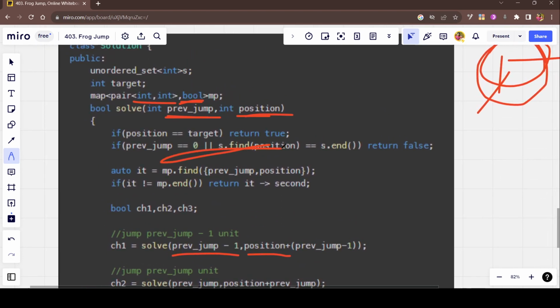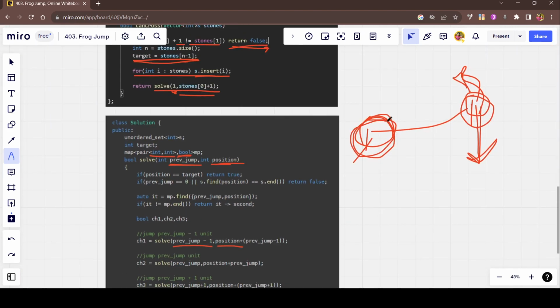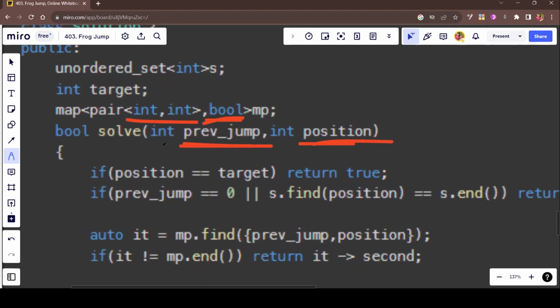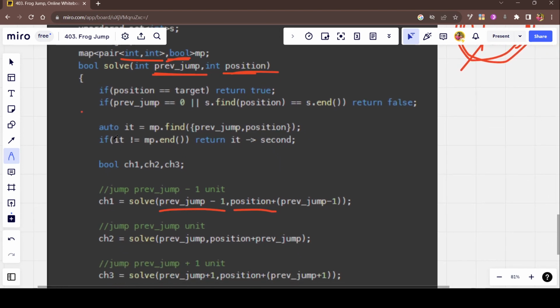And the same thing I have told: if you previously solved that problem, and again you face it, don't go deep down, just return the stored answer. Here you can create an iterator: auto it equals mp.find of previous jump comma position, since you have the key with yourself.